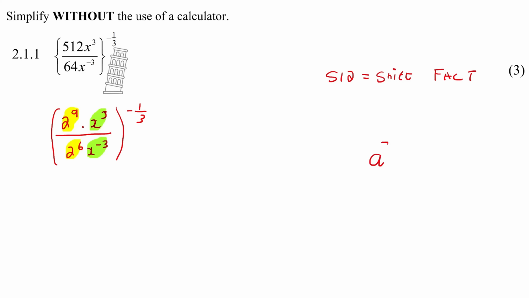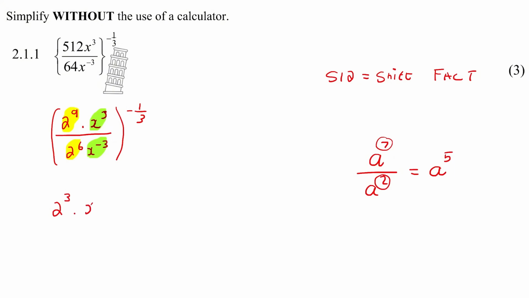But remember, if you have something like a to the 7 over a to the 2, then the answer stays a to the 5. You see how we don't cancel the a out, we subtract the exponents. So we're going to leave the 2's exactly where they are. Then you subtract the exponents, so it'll be 9 minus 6, which is 3.